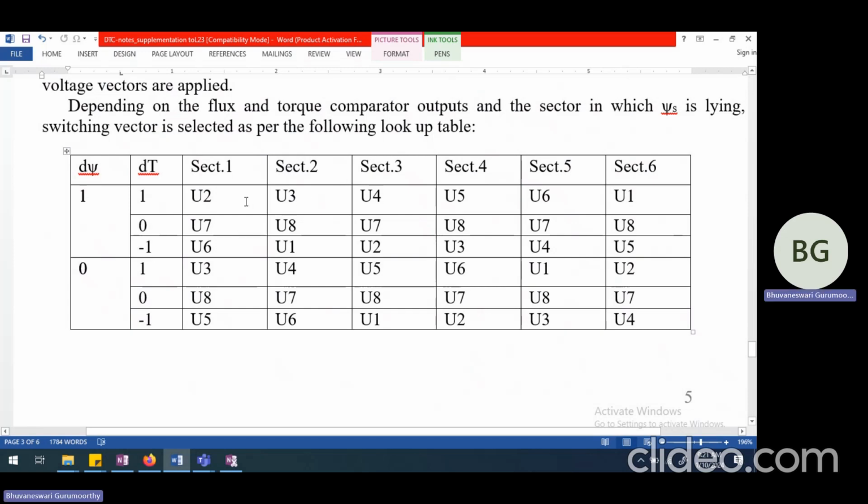So depending upon in which sector our flux linkage vector is located at present and how the values of torque error and flux error are manifesting themselves, based on that, we should be able to decide which voltage vector we should be applying so that these errors are nullified.